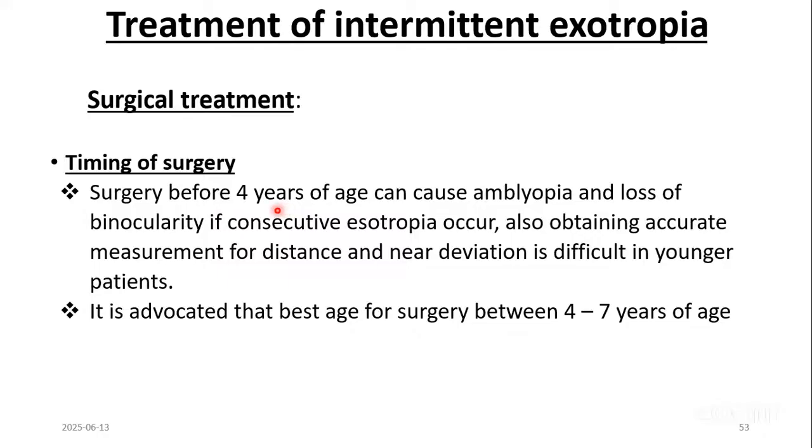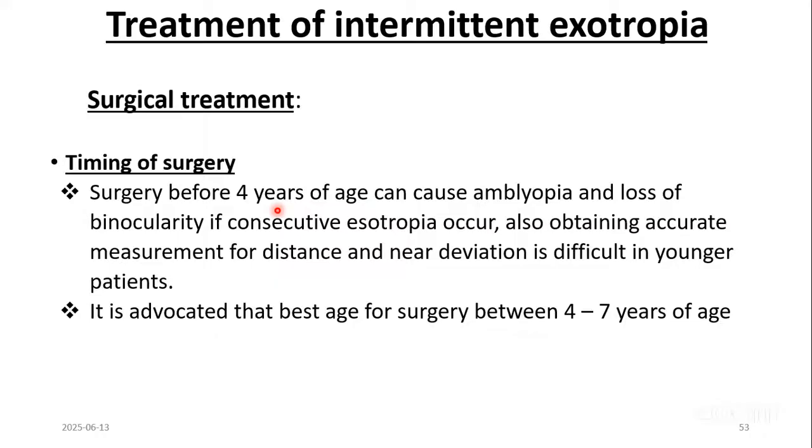Because if those patients develop consecutive esotropia, they will lose the fusion, or they will lose the binocularity forever. And also, esotropia is more amblyogenic than exotropia. So you might give the patient amblyopia.